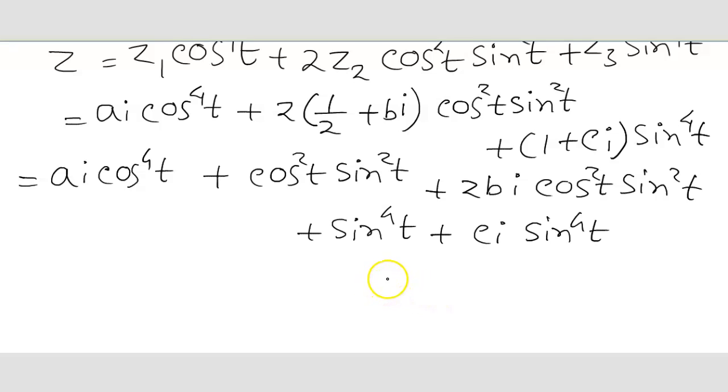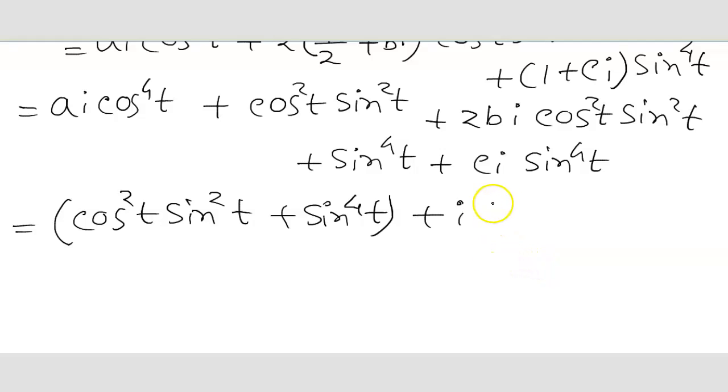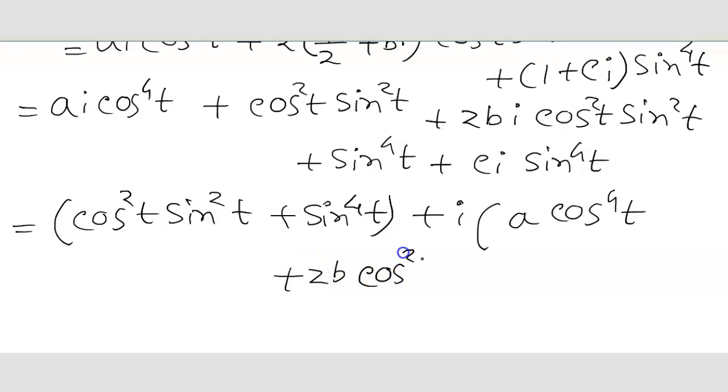So now if we separate the real part and imaginary part, it will look something like this: cos²t sin²t plus sin⁴t, plus i times everything: a cos 4t plus 2b cos²t sin²t.